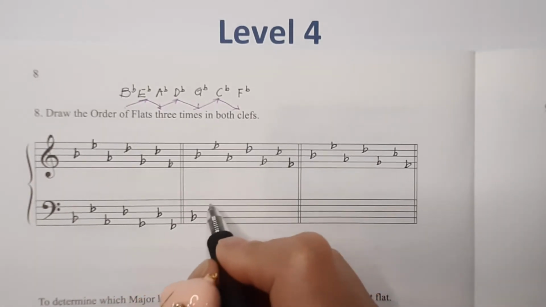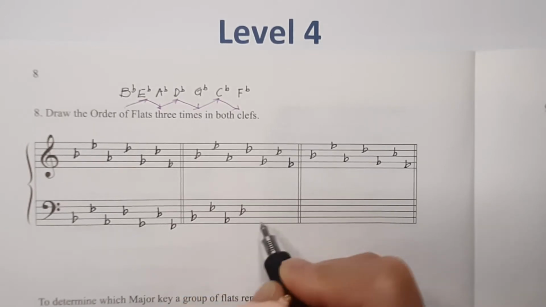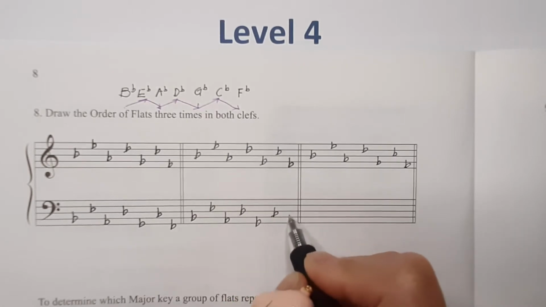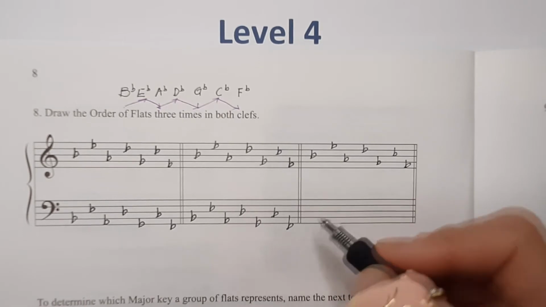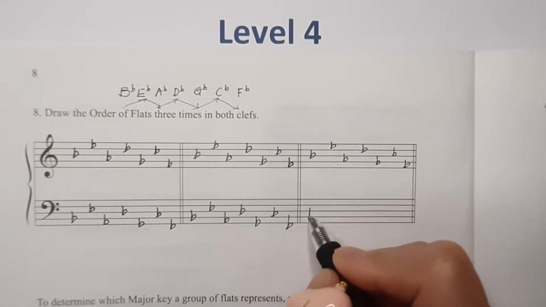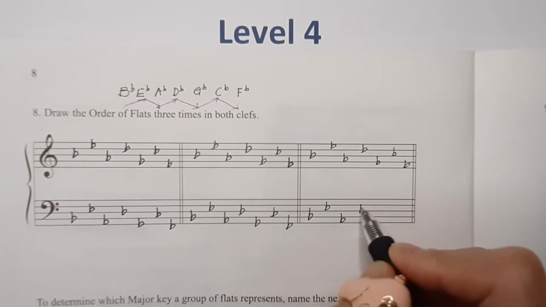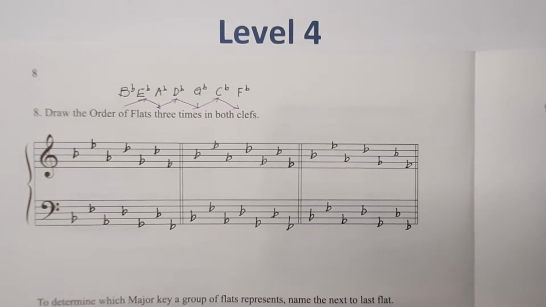B, E, A, D, G, C, F. Okay, one more time. Now, if I'm too fast for you, you can always pause it, okay? B, E, A, D, G, C, F. Good job.